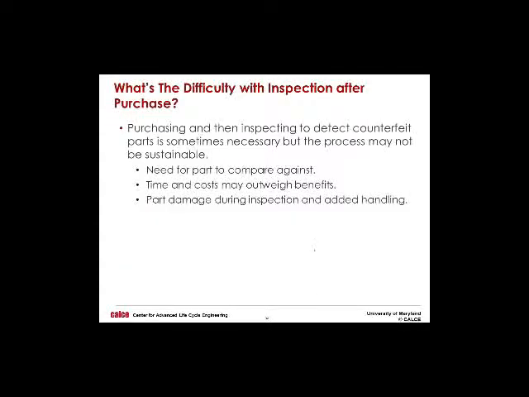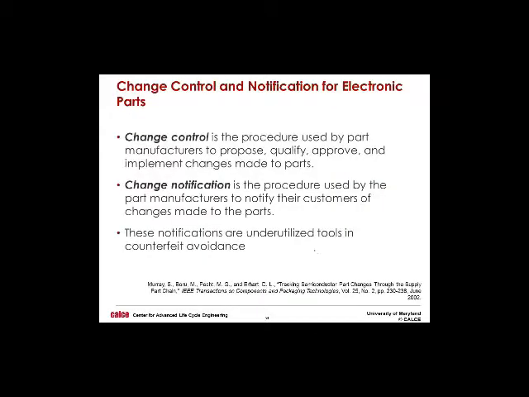However, almost all these inspection techniques, as much as they are very thorough and detailed, you need something to compare it with. Sometimes the time and cost may outweigh the benefit, and there can be part damages and things of that nature.